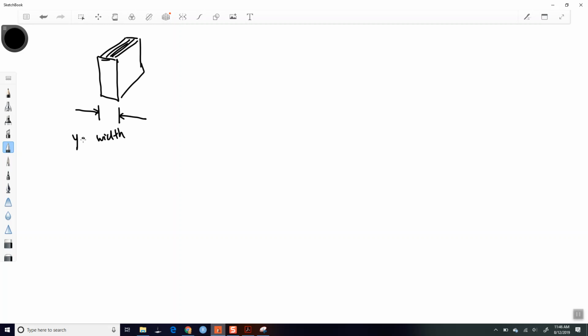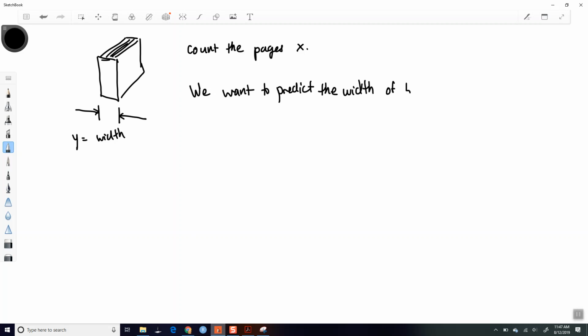This is going to be our y variable. The y variable is the width, and we're also going to count the pages, and that will be x. We want to predict the width of the book based on how many pages are in it.